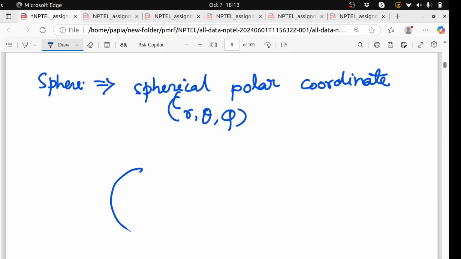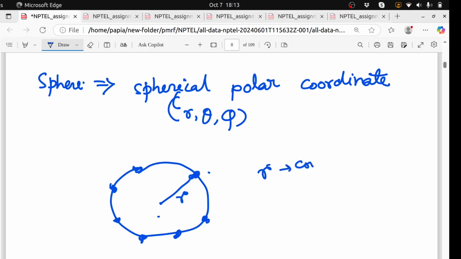So this will be r, but the particle is constrained to move on the surface. That means it should always move on the surface of the sphere, which means that r will be constant here.